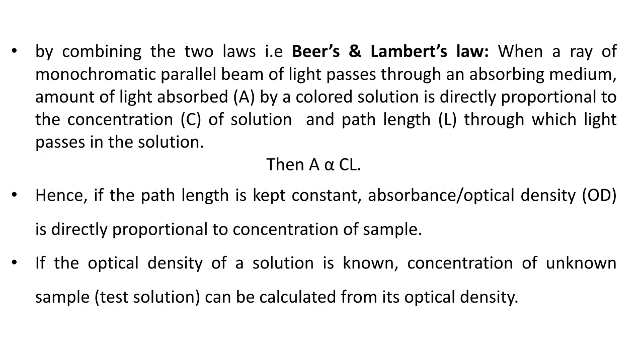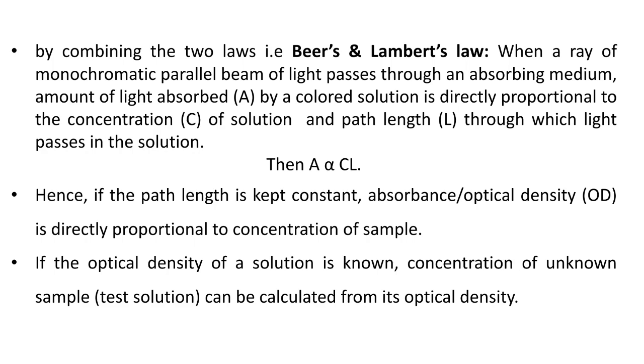So by combining the two laws, Beer's and Lambert's law, when a ray of monochromatic, single color, parallel beam of light passes through an absorbing medium, that is the color solution, the amount of light absorbed by a color solution is directly proportional to the concentration of the solution and also directly proportional to the path length through which the light passes in the solution.